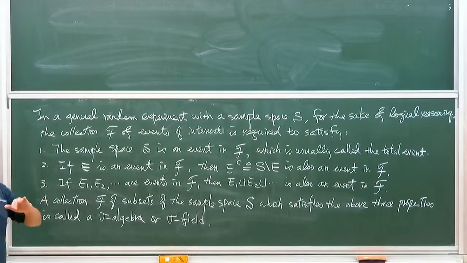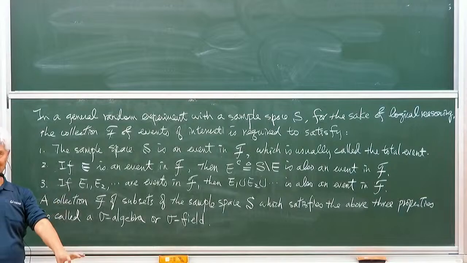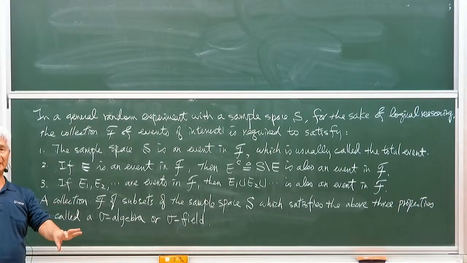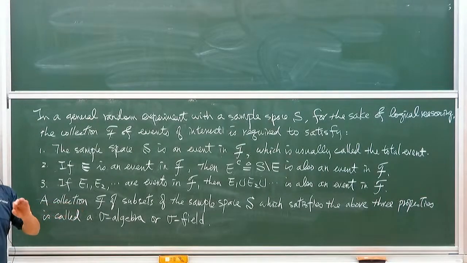And you will see, we will show a proposition that these three properties will imply countable intersections. Okay, later on. All right. So the three properties are the minimum requirements.